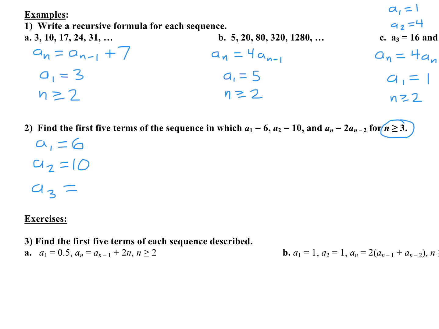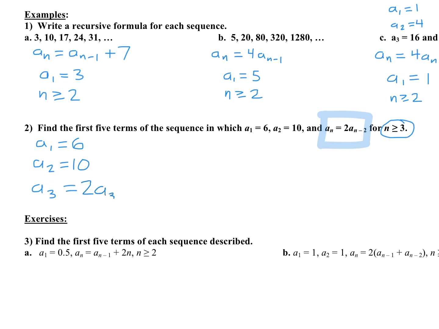So here's the equation I'm going to use. The way I find A3, right now, if I'm trying to find A3, then n is currently 3. Plugging into the equation, I do 2 times a.